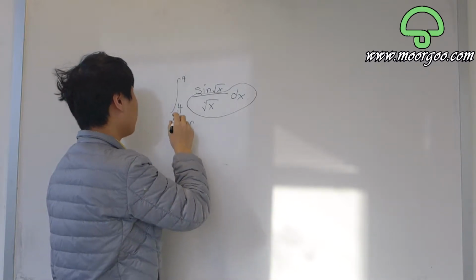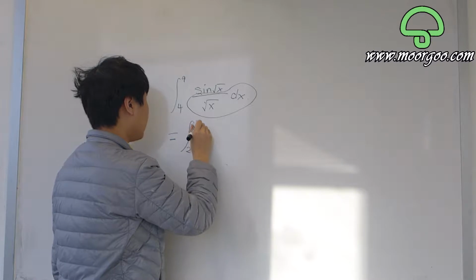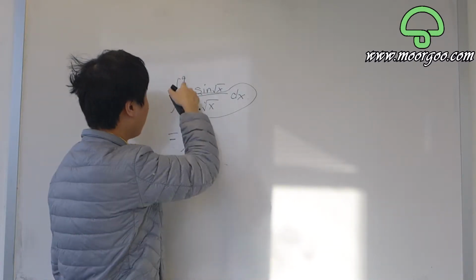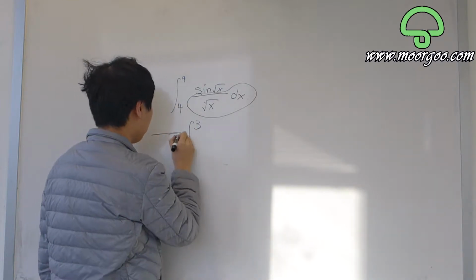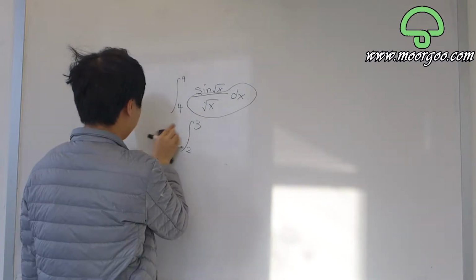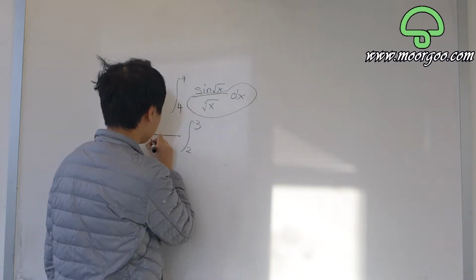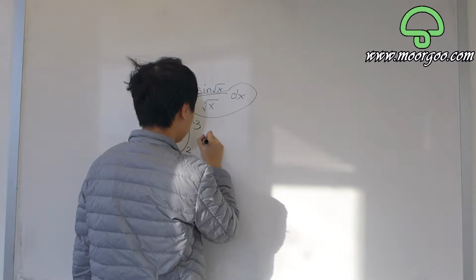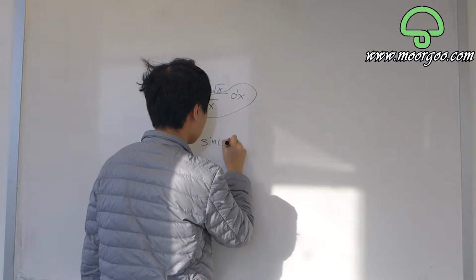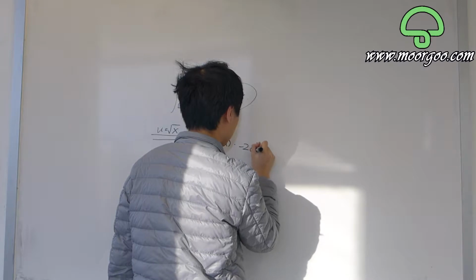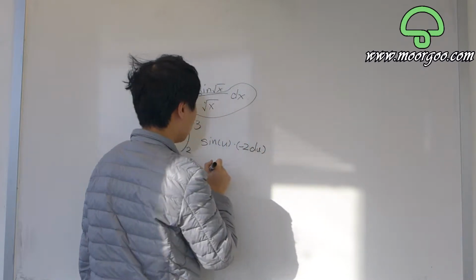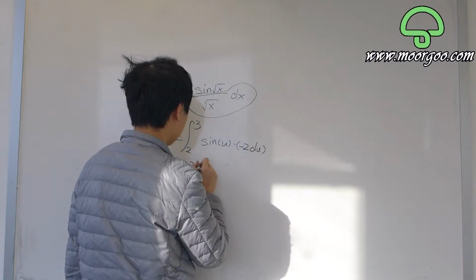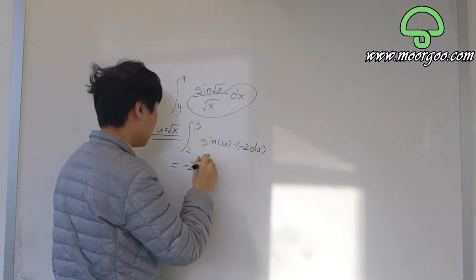The limits are no longer 4 and 9. They're 2 and 3, which are the square roots of 4 and 9, because u is equal to the square root of x. And we take negative 2 out of this integral.